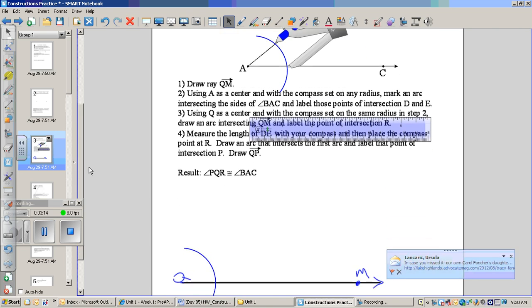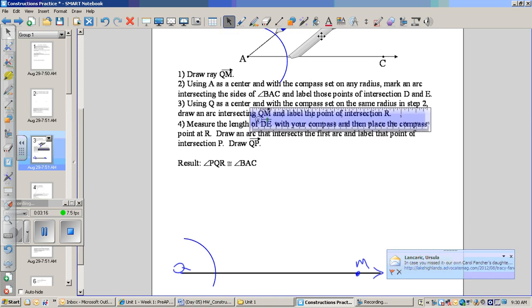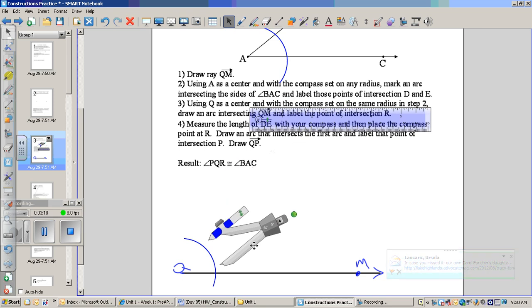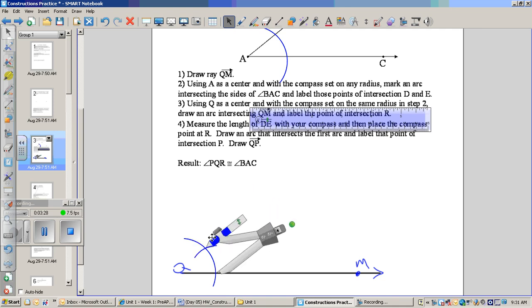Now, come down. Don't change your compass. Bring it down. Put the metal part on the intersection of your ray and your arc that you've drawn. And draw another arc with your pencil. Okay. Now, you have your endpoint Q and you have the intersection of your two arcs.